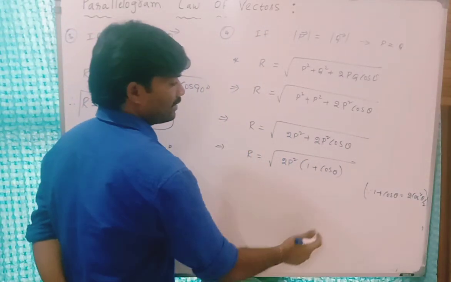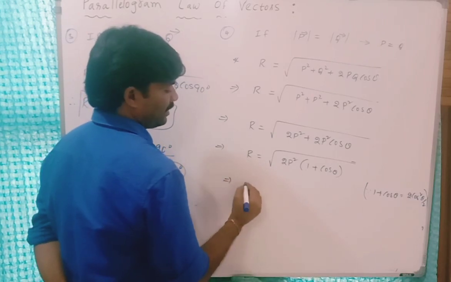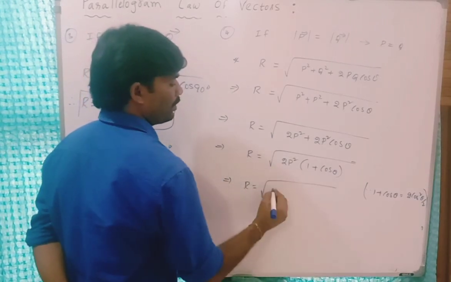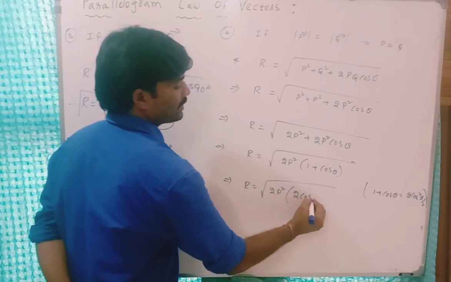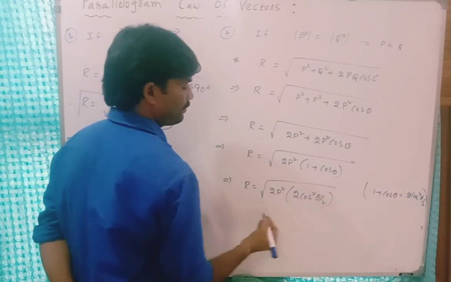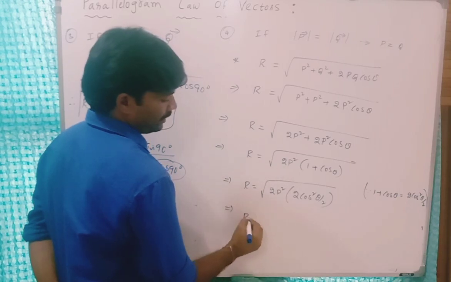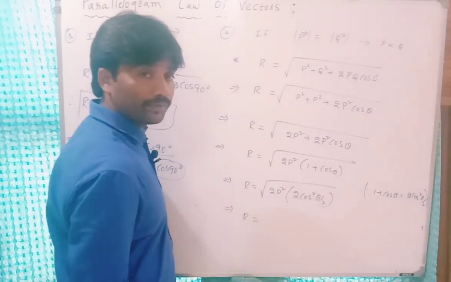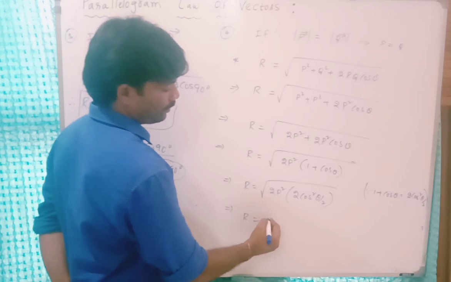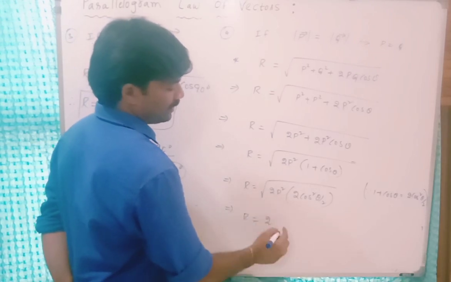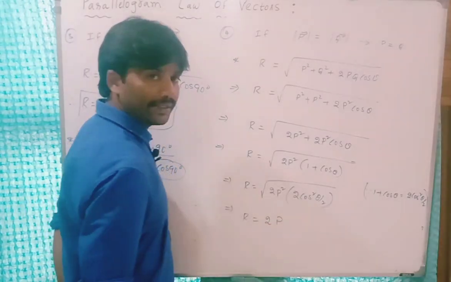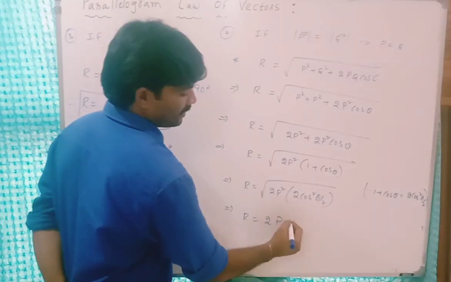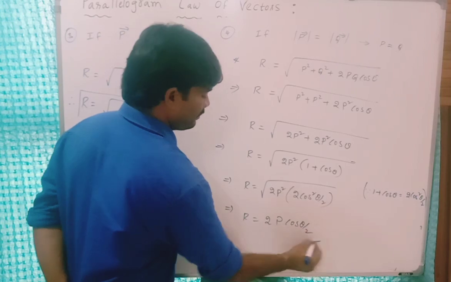So remember that here, R is equal to root of 2P square into 2 cos square theta by 2. Now you can see 2 into 2 is 4, which you can write outside the root as 2, and P square written outside becomes P. Root of cos square theta by 2 is cos theta by 2.